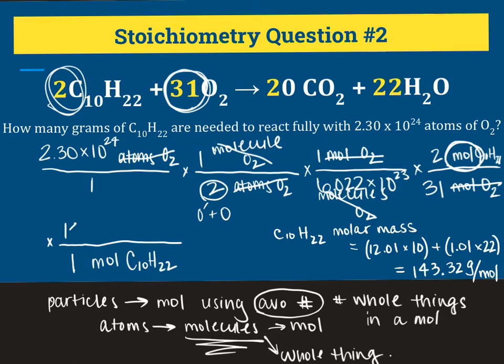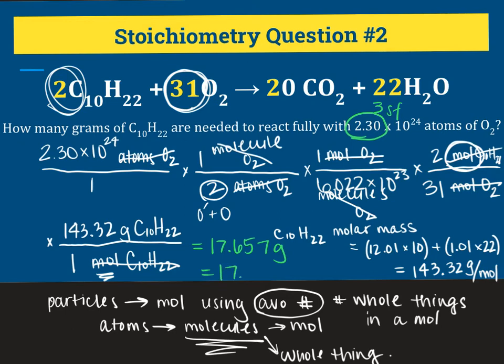So up here we can write 143.32 grams of C10H22 are in 1 mole. Our moles cancel out, and I'm going to go ahead and write our final answer in a different color here. That will get us 17.657 grams, which we would round to 3 significant figures to become 17.7 grams of C10H22.